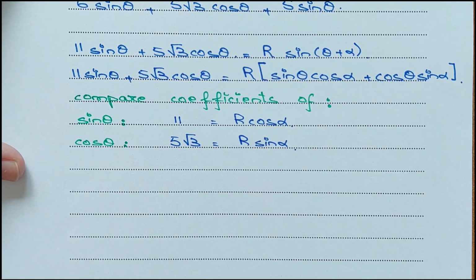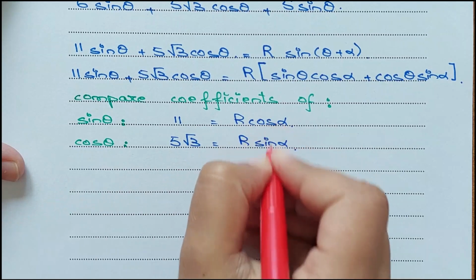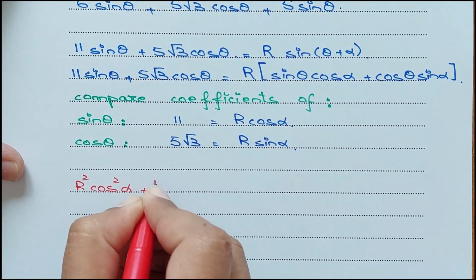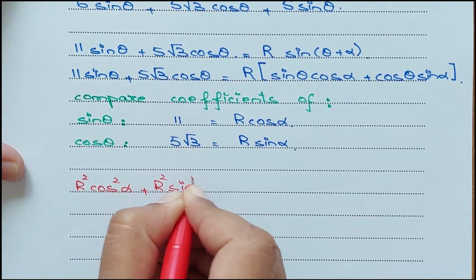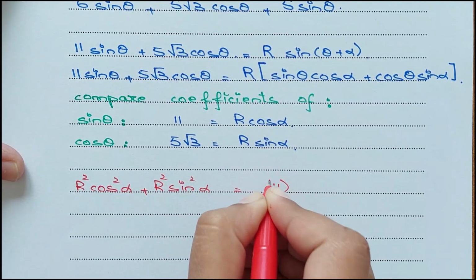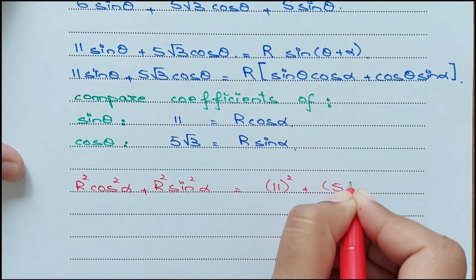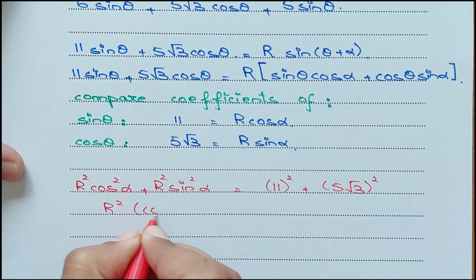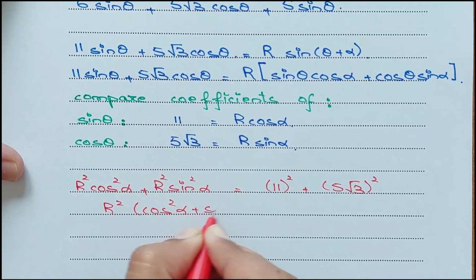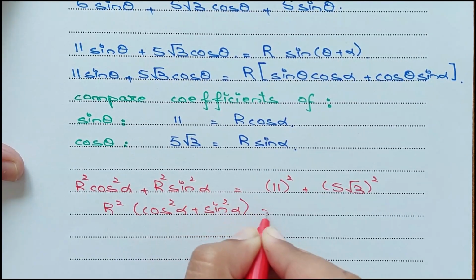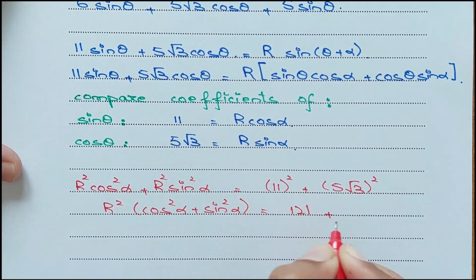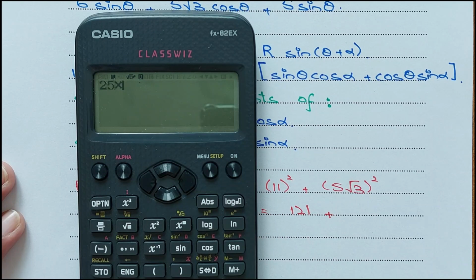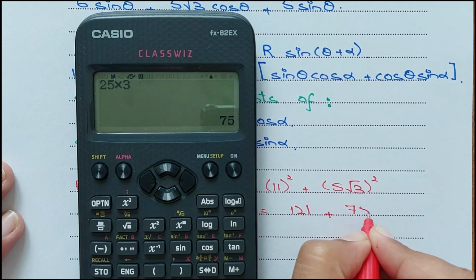Okay, to get the value of r, let me do squaring on both sides and adding. So r square cos square alpha plus r square sin square alpha is 11 square plus (5 square root of 3) square. So we can take r square common: cos square alpha plus sin square alpha, this is 1. 11 square is 121. 5 square is 25, square root of 3 square is just 3, so 25 times 3 is 75.